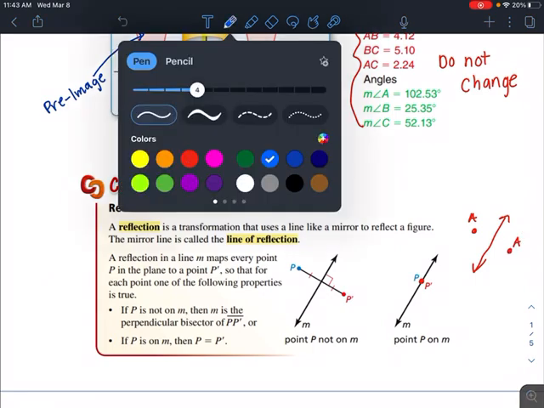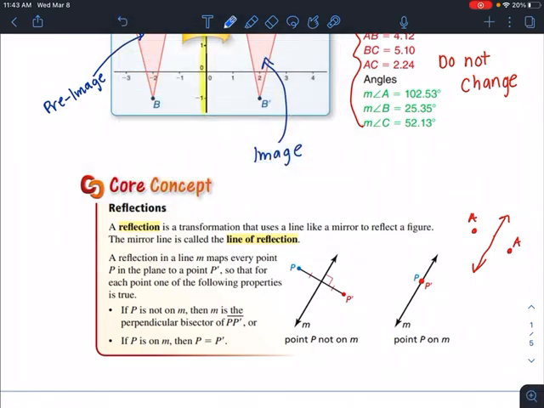But if I'm asking you to reflect this point B, it's not going to reflect on either side because it's on the line, so this would still be B prime. That's one thing I did want to highlight to you, but if you want to pause this video and read through this aspect of it more formally, you can.